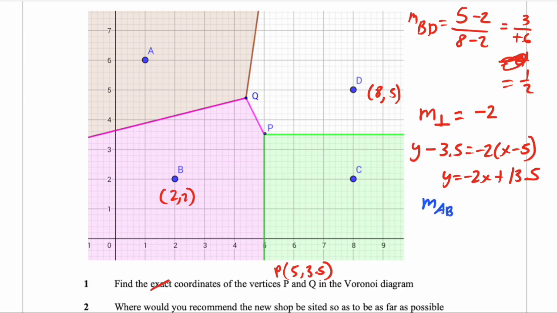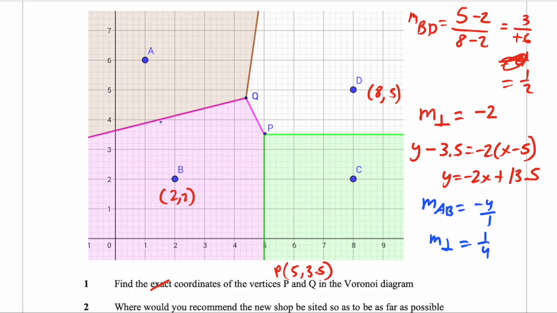The slope of AB is, well, we can see it here by counting if we want to. This is 1, 2, 3, 4. It's negative 4 over 1. So the perpendicular slope is 1/4.